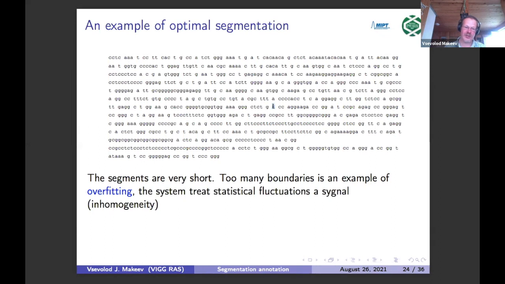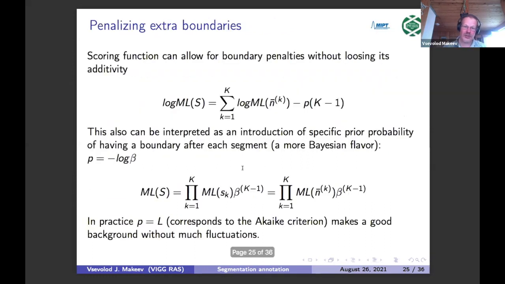So the system tries to treat statistical fluctuation as a kind of signal, and introduces too much inhomogeneity. You must assume that there is some allowed measure of fluctuation in the sequence, which can be tolerated, and so you must introduce fewer segments there. So you must somehow penalize for boundaries, and this is the trick called regularization. Basically, this is the formula for the maximal likelihood for the whole segmentation.